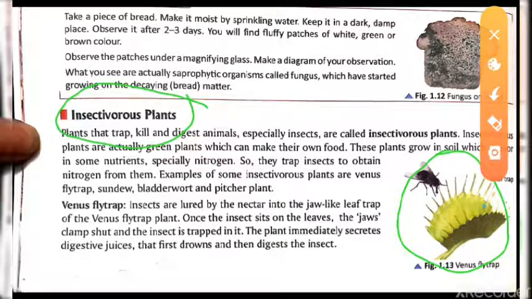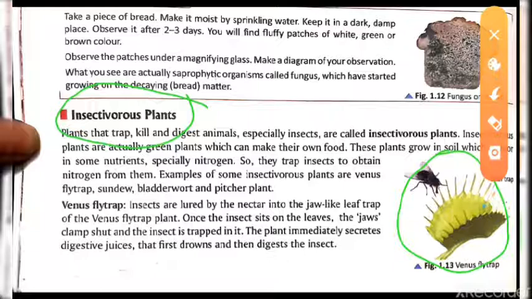If they prepare their own food, then why is there a need to feed on insects? Actually, while preparing food they are not able to get the nitrogen part, so they feed on insects to get the nitrogen, to fulfill their needs.